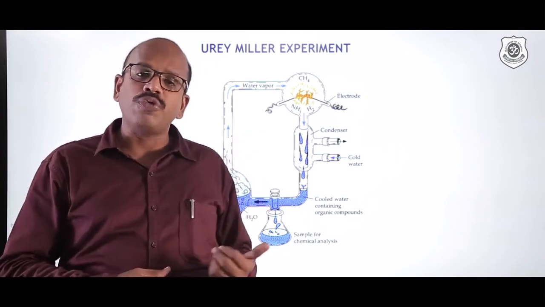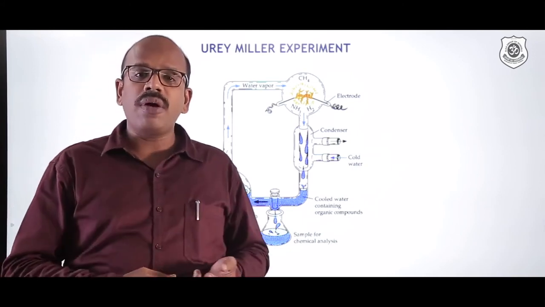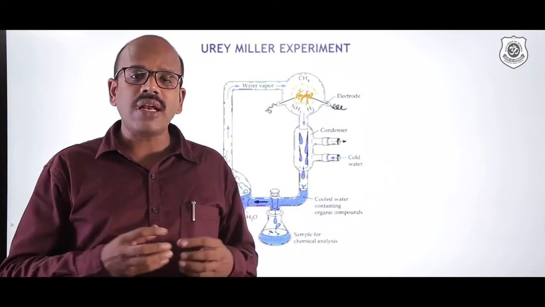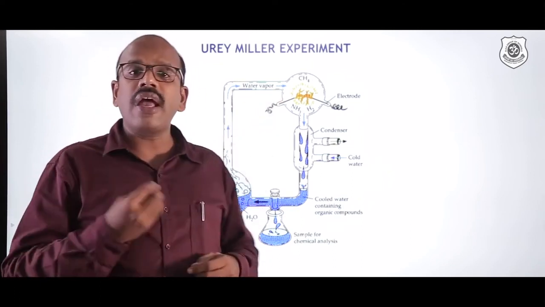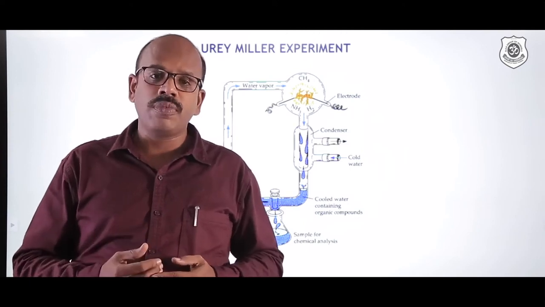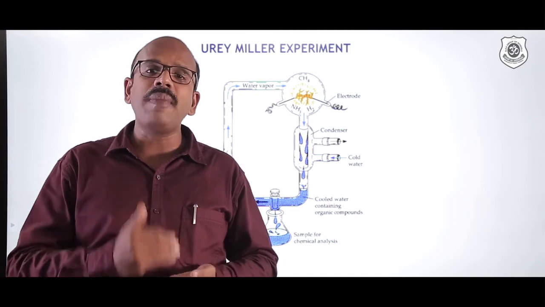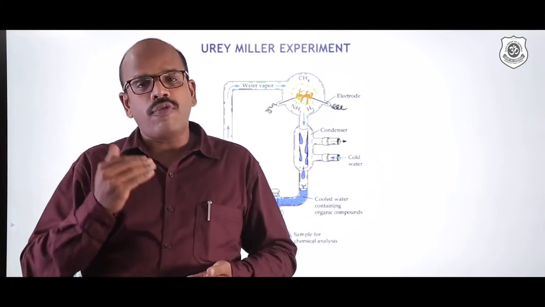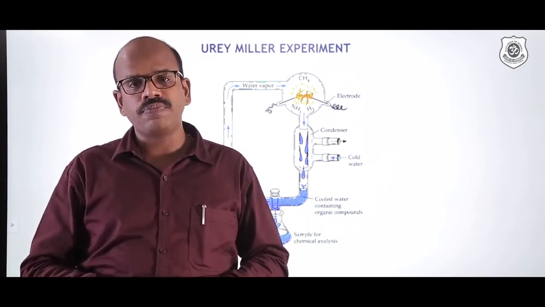This experiment proves that simple gases like water vapor, hydrogen, and methane, when they combine at very high temperature, can form biomolecules. So with experimental evidence, it was proved that chemical evolution is a form of evolution that is most acceptable even today.